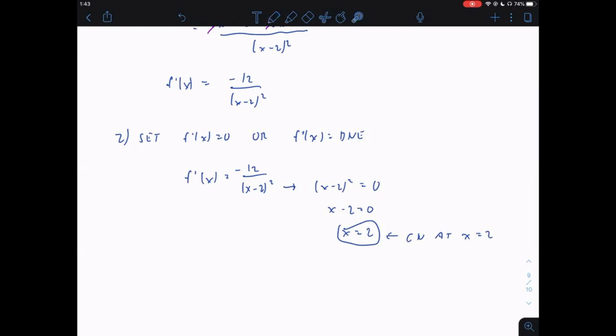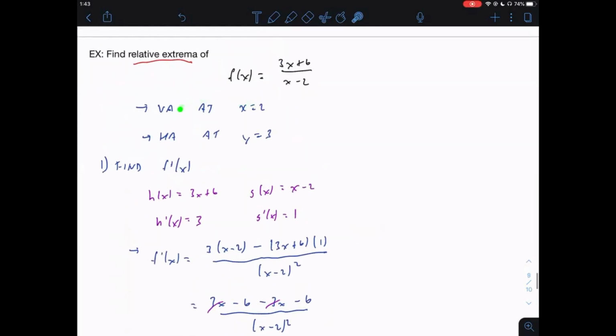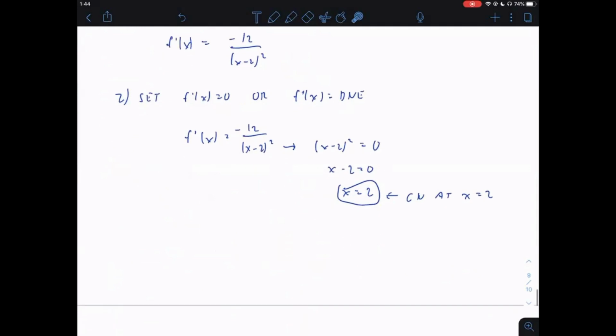And notice this critical number at x equals 2 was also our vertical asymptote at x equals 2. Again, a vertical asymptote represents a break in your function, and when there's a break, that means the slope at that point is not defined.